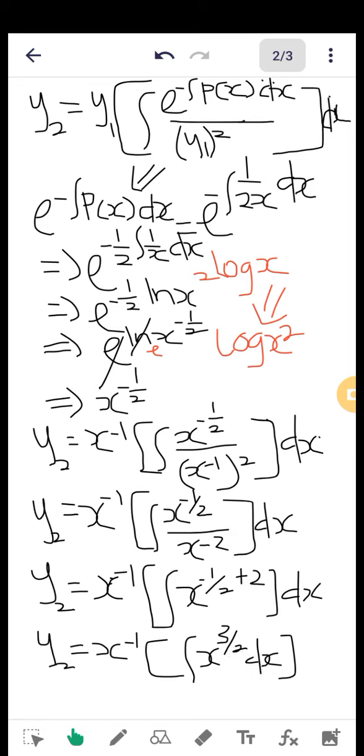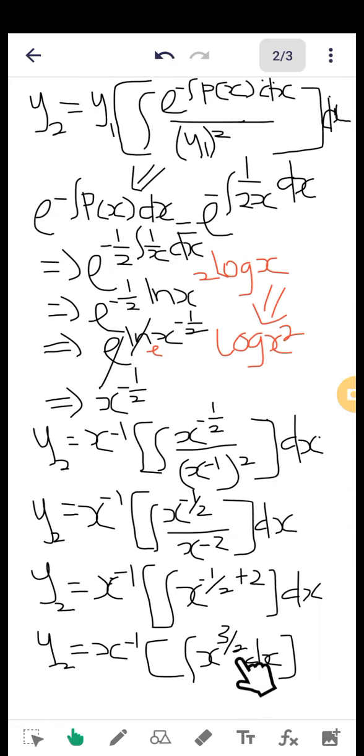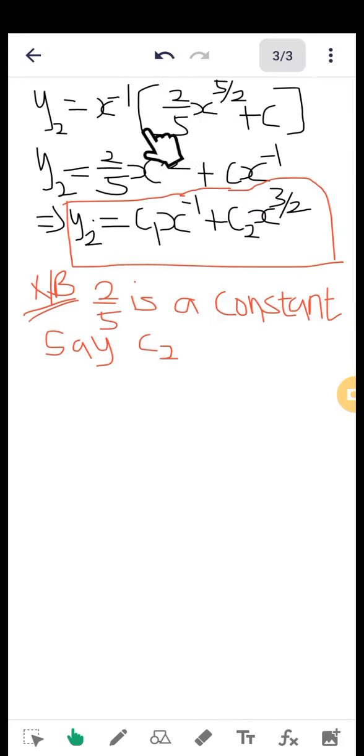dx. So we try to integrate this part, x exponent 3 over 2. And note that the x exponent minus 1 is multiplying the whole of this. So after integrating this, we multiply 2 by x exponent minus 1. So we know that when we integrate a function like this, we add 1 to the exponent, then we divide by the result. So that's what we are doing here.